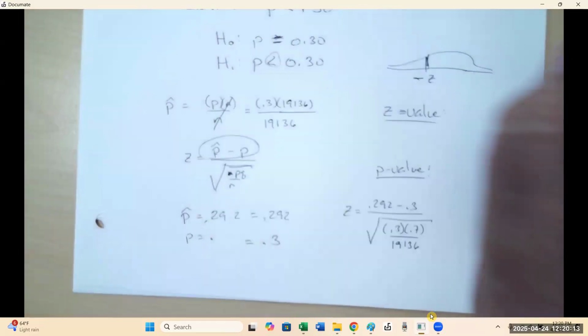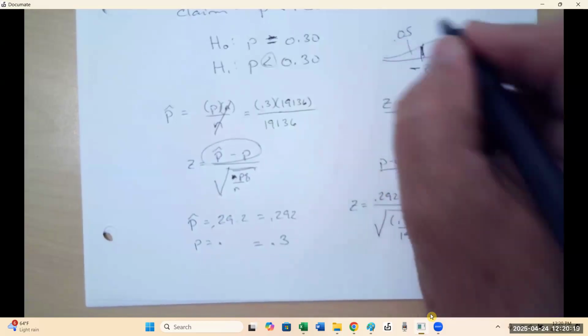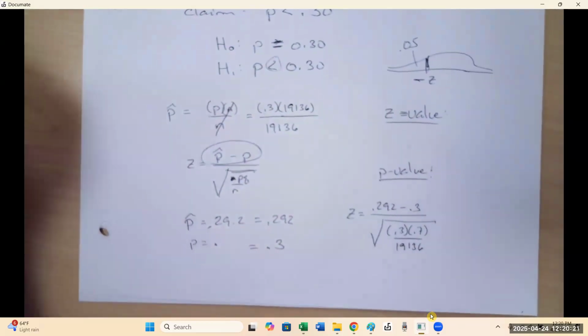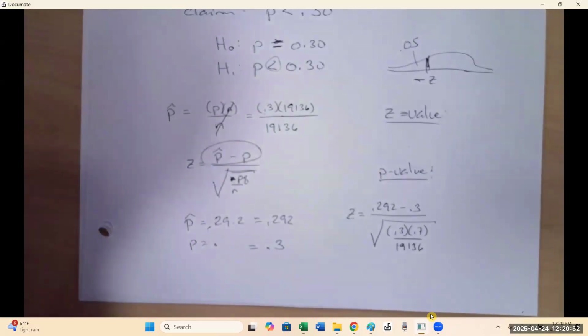And we're using alpha as 0.05. So 0.05 is between two numbers.